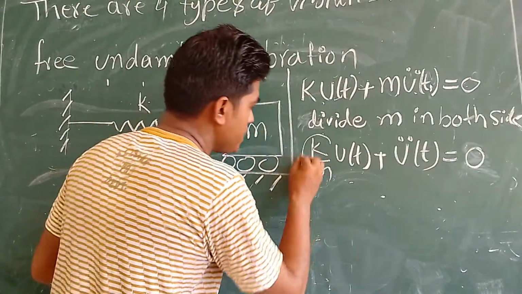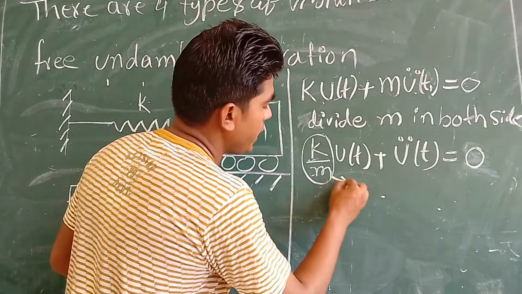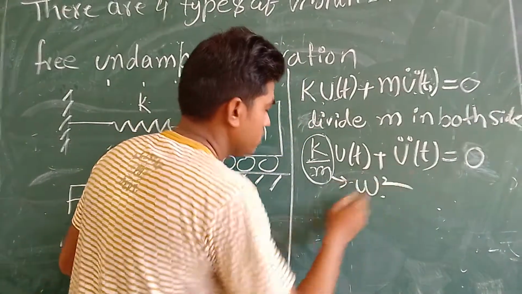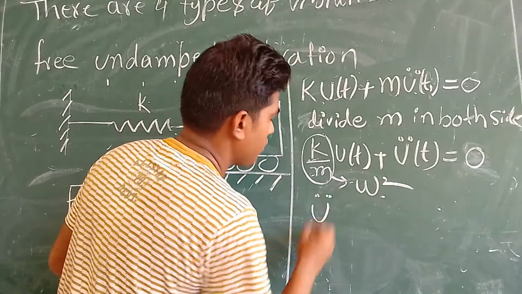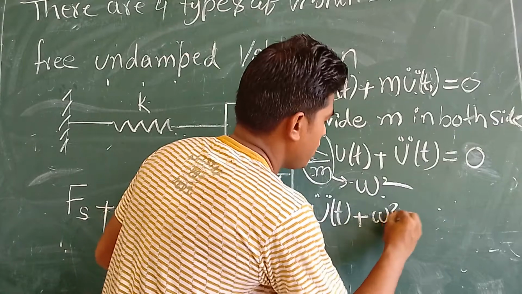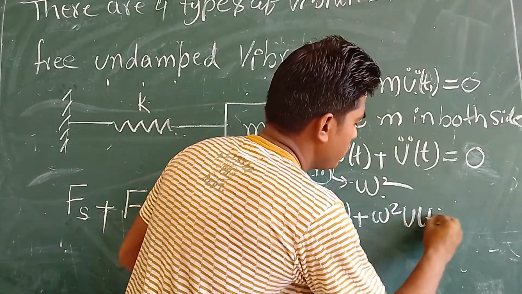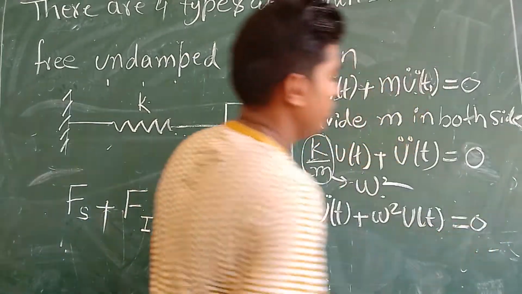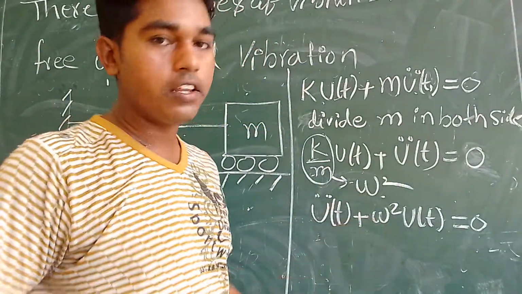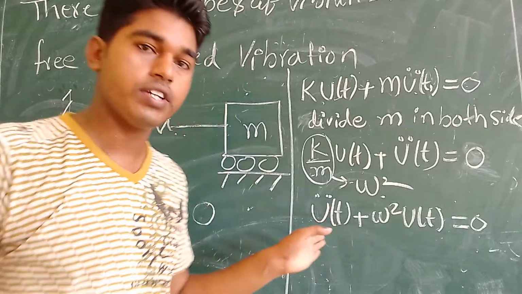Write k by m equal to omega square. So u double dot plus omega square into u is equal to 0. Like any differential equation, you solve it and get the solution of this equation.